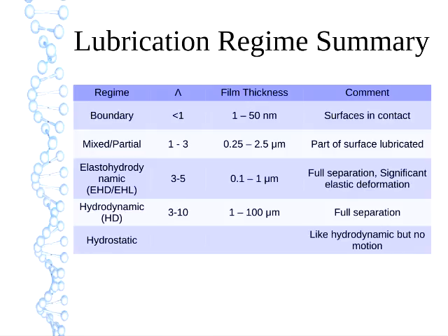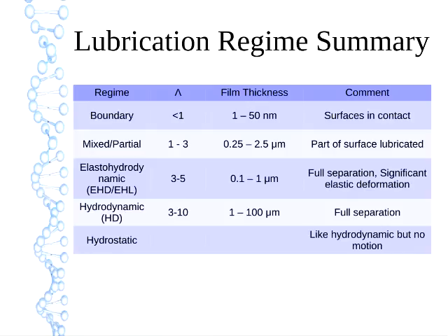Then we move to Elastohydrodynamic Lubrication. EHD and EHL are the two abbreviations for it. Lambda value 3 to 5, film thickness 0.1 to 1 micron.